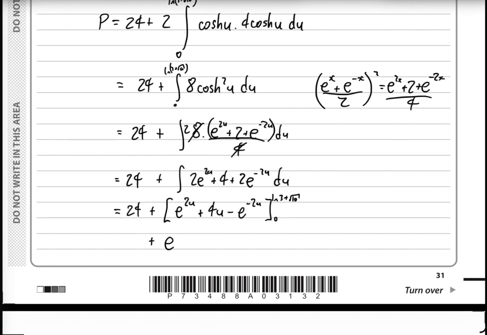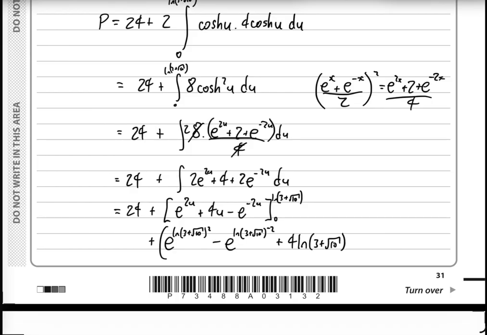e to the 2 log of this thing, but when you do that, we can do log of this thing squared. And I'll do the other e next. That'll be log of this thing to the minus 2, plus 4 lots of the log of 3 plus root 10.